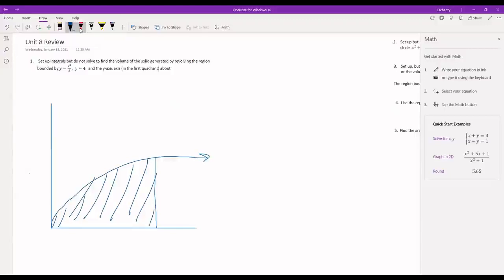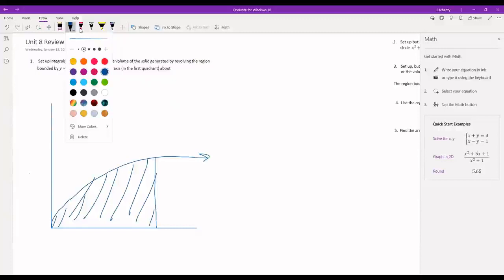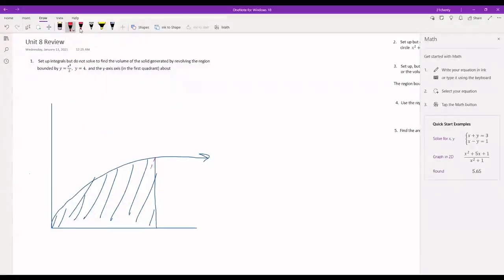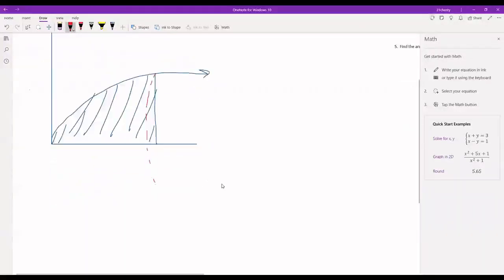around the x-axis. So if you look at it like a 3D view, or I guess I can try, maybe I'll do it in red, to do something like this. Sort of an orthographic view.